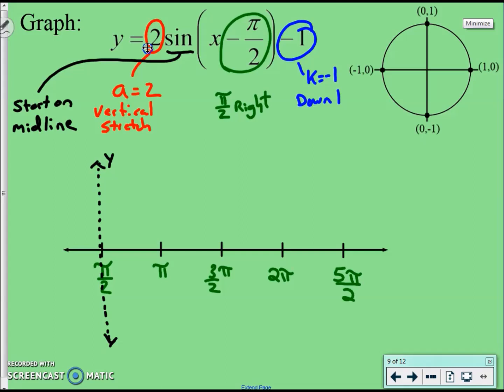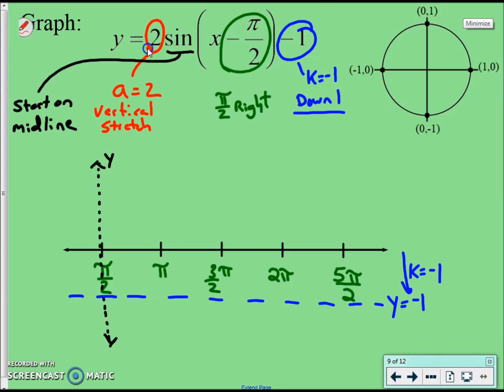And now when I draw my y-axis, one thing I want to realize is that I'm going to shift this whole thing down 1. So I'm going to exaggerate it because I've already labeled my x-axis, but I am going to draw where y is equal to negative 1. This is my k value of transforming the function down vertically by 1.